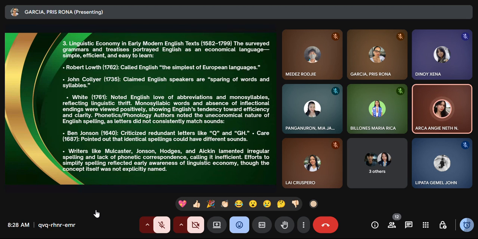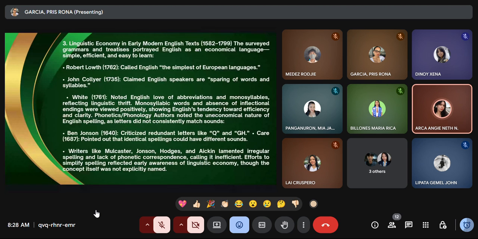He criticized the use of extra or redundant letters such as Q and H. Another one is Cooper in 1687, who also pointed out that some words have the same spelling but different sounds, for example, words like read and read in the past tense. This made English confusing and inconsistent, right?